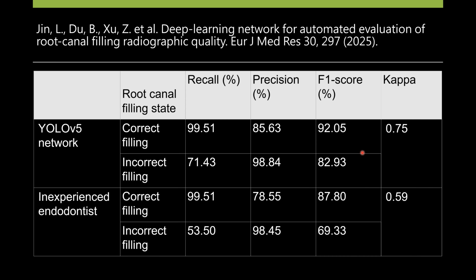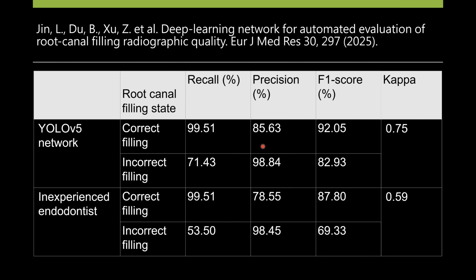So here is the comparison of YOLO artificial intelligence and inexperienced endodontists. It's almost the same, but the AI is better. Someone might ask why we don't compare the AI with experienced endodontists.